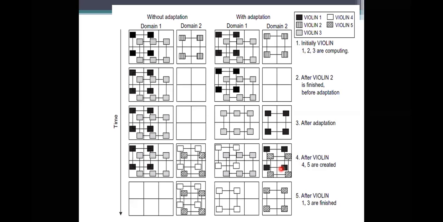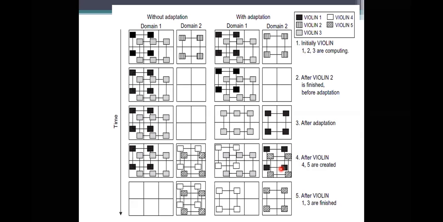In these two environments, we are taking two domains, domain 1 and domain 2. We are creating an environment to make migration happen.